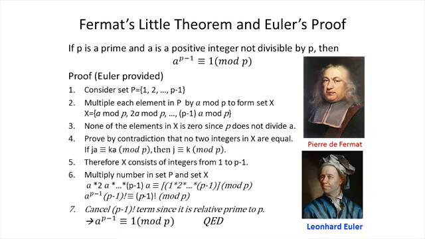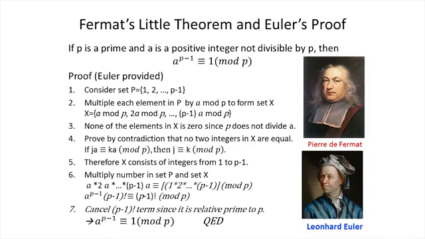We can prove by contradiction that no two integers in X are equal. We do that by saying if JA is congruent with KA mod P, then J should be equal to K. Why is that?